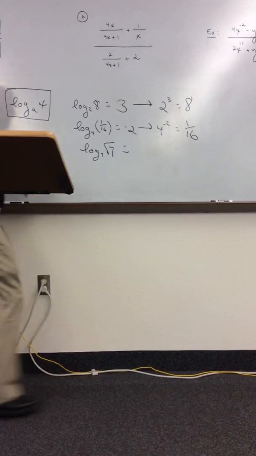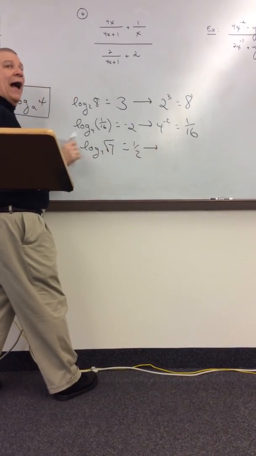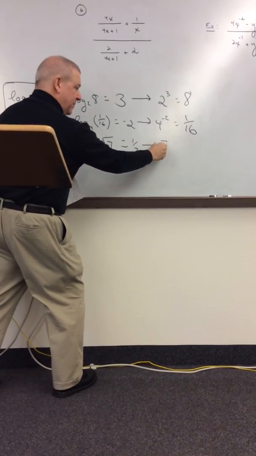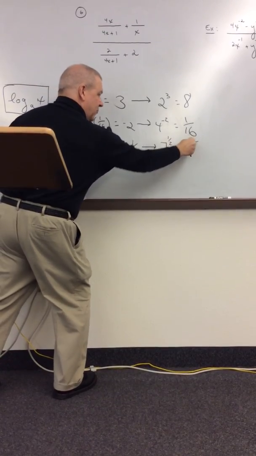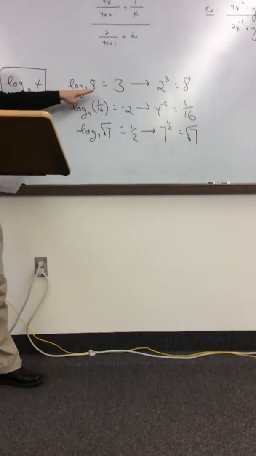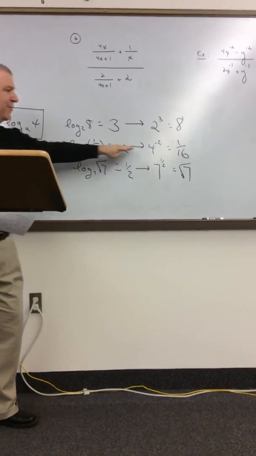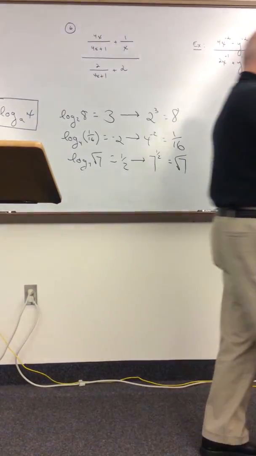John: 1. Why? Because this base raised to that exponent would equal that. Now look, before I go any farther, this is log form, this is exponential form. Log form, exponential form.